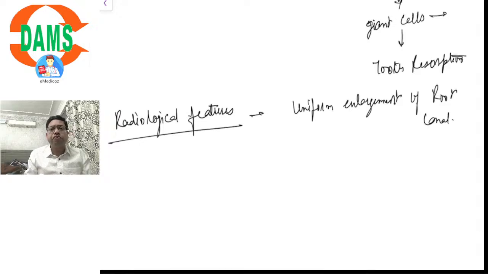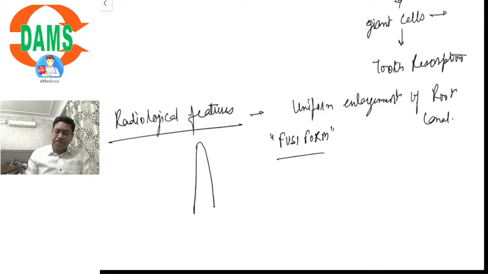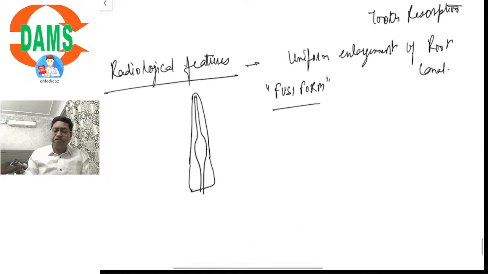There's a uniform or fusiform enlargement of the root canal. Sometimes it is also called fusiform enlargement of the root canals. So if we take a radiograph of a tooth which is undergoing internal resorption, we would see some anatomy like this. There would be a fusiform or uniform enlargement of the root canal.